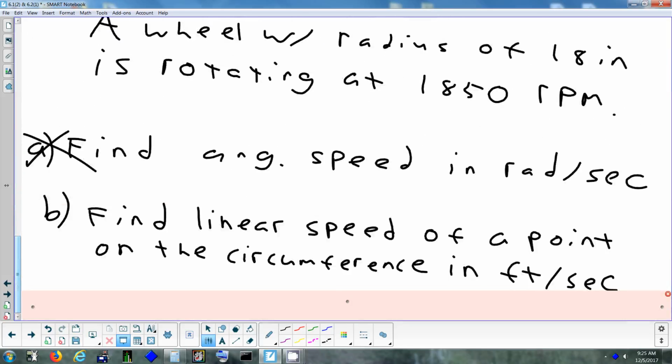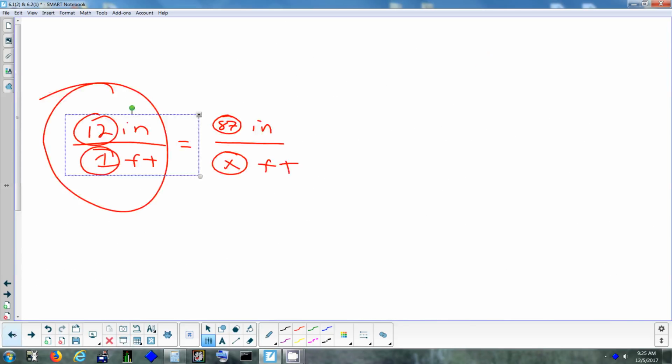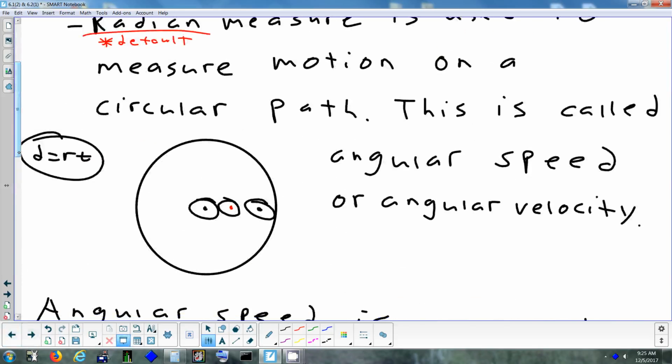The part of the tire that makes contact with the ground is the circumference of the tire. Just to go back to this picture, if this was a tire, that part wouldn't be on the ground. That's in the middle of the tire. That point right there is the point that you're finding the speed of. So if you're thinking about it as linear speed, it's the fastest part of the wheel that's spinning.